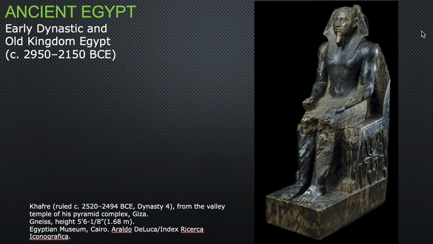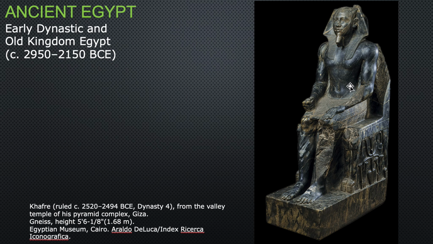All of the kings are created by a certain canon of proportions, and that canon of proportions is determined by a fist. So he's even holding his fist here to make it very convenient. We use feet as a measurement. They use fists. So they would say from shoulder to shoulder is so many fists.